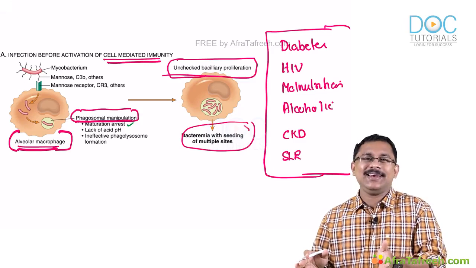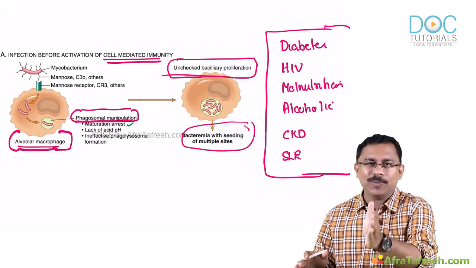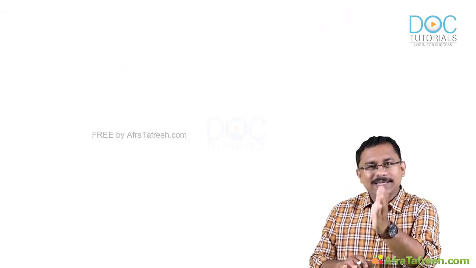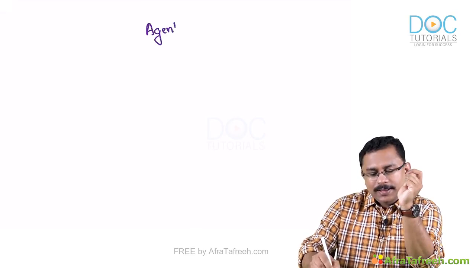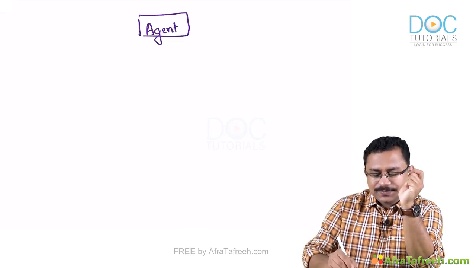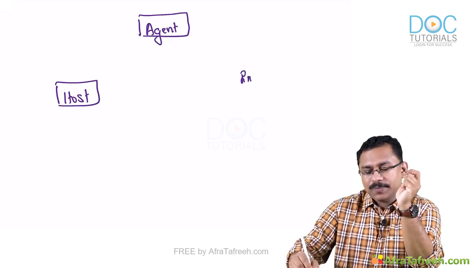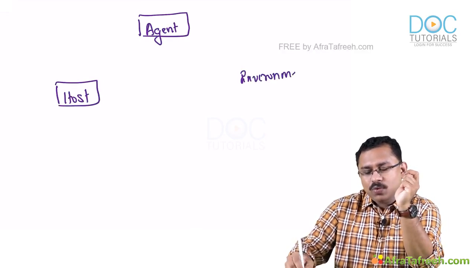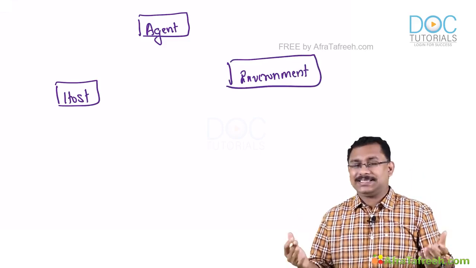Tuberculosis is again not just a simple disease that is caused by Mycobacterium tuberculosis. This is one disease where the agent factors, the host factors, and the environmental factors are all important, because not everyone who contracts the bacillus is going to develop the disease.